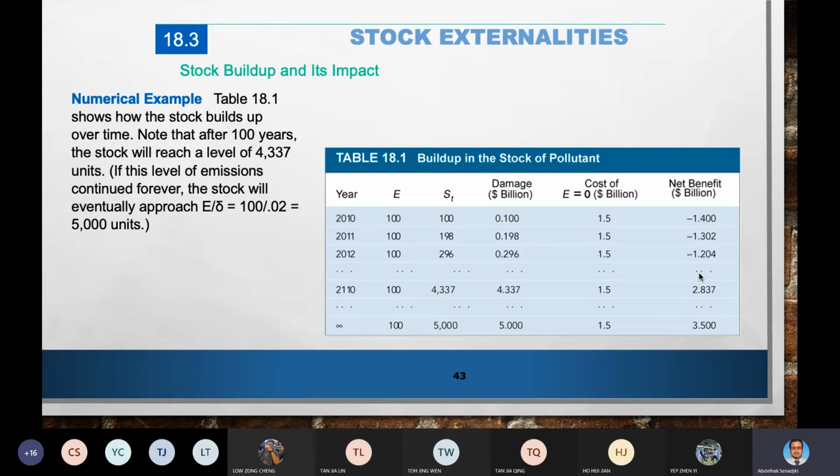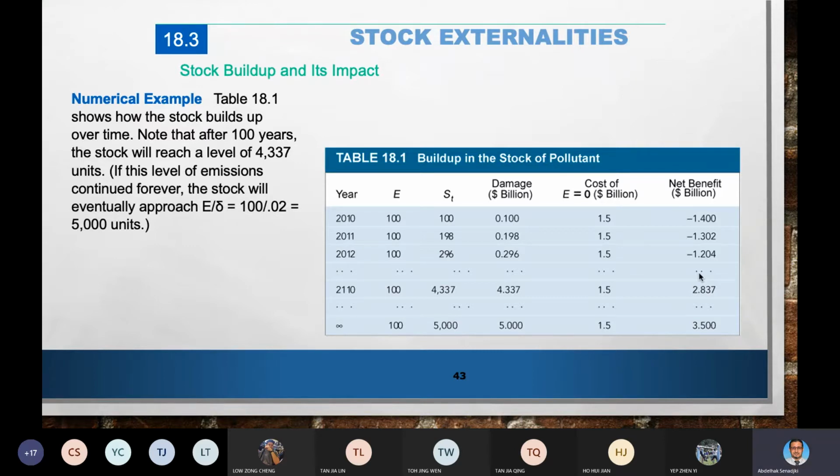So this cost equals 1 million, for example, per unit, we assume. So if the total stock of pollutant were, let's say, 1,000, the economic damage will be 1,000 times 1 million, which becomes 1 billion.